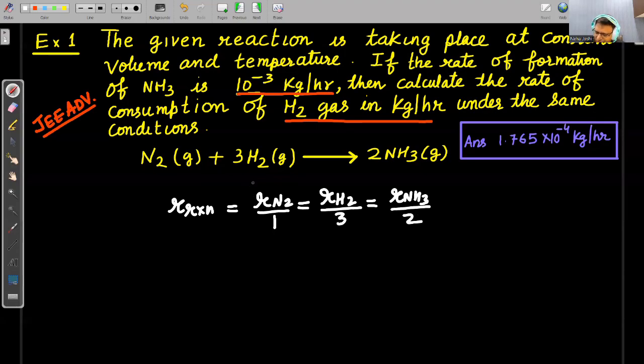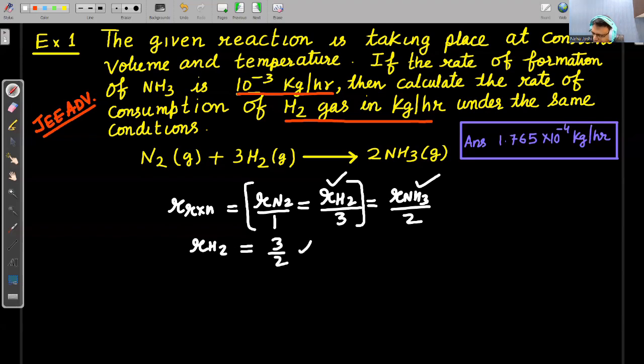Since here they are talking about two chemical species, ammonia and hydrogen, we are not interested in nitrogen, right? So we are interested in hydrogen and ammonia. We can say that the rate of reaction with respect to hydrogen is equal to 3/2 times the rate of reaction with respect to ammonia.